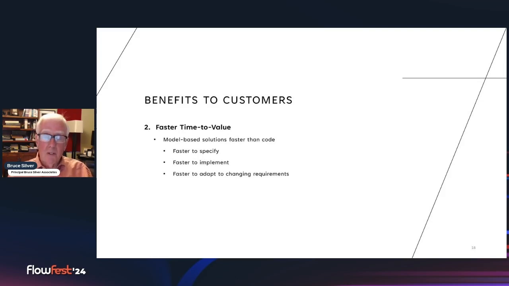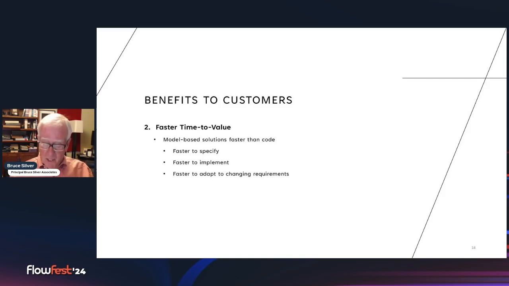Benefit number two is faster time to value. And today, this is probably the most critical one for customers. Model-based solutions are simply faster to specify, faster to implement, and faster to adapt to changing requirements than traditional paradigms.